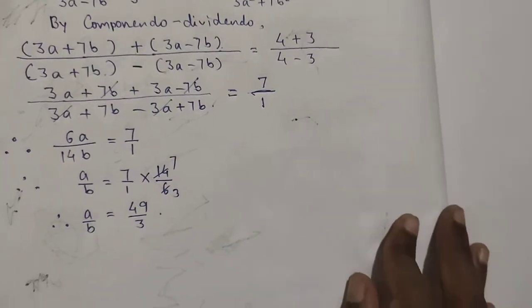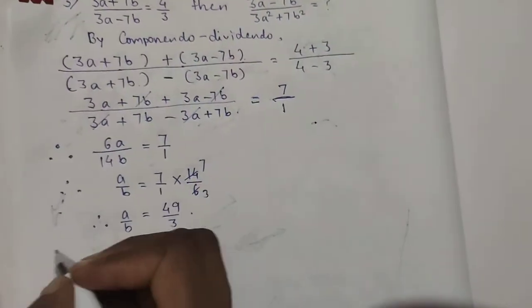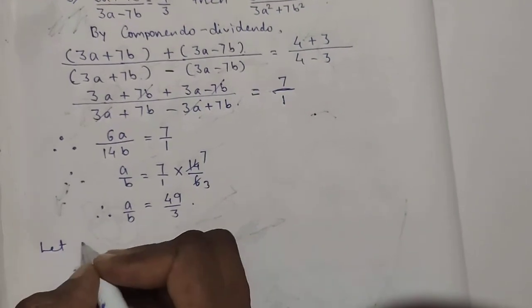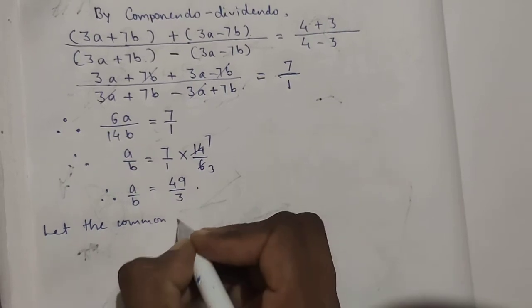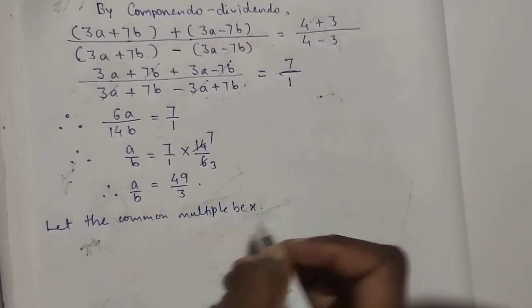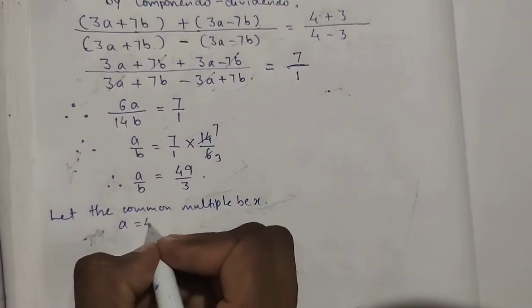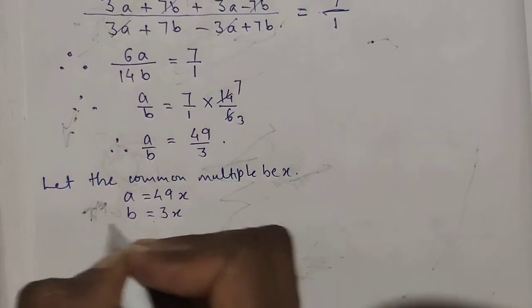Now in the next step, what we have to find out is this ratio. So let us consider a common multiple. Let the common multiple be x. So your a becomes 49x and your b becomes 3x.